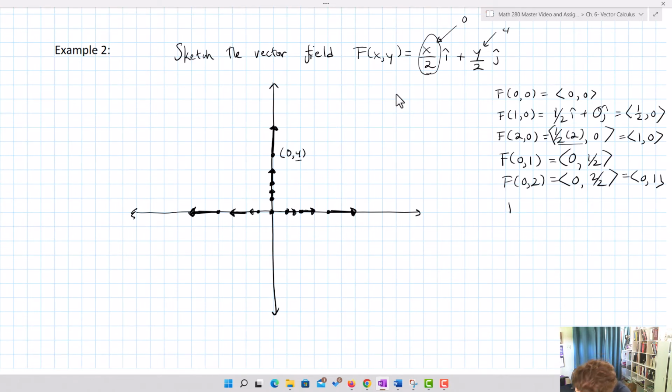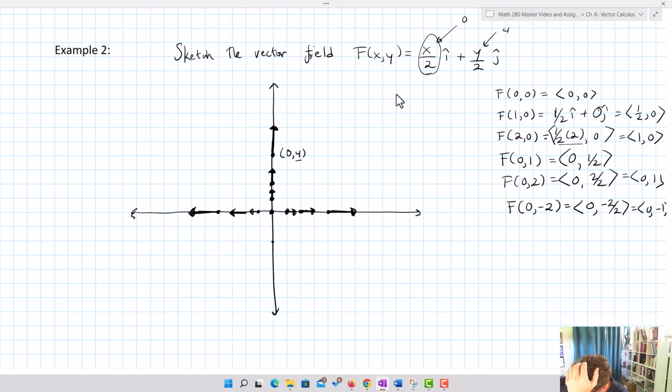Conversely, if I go in the negative direction, just to demonstrate, let's say I take f of 0, negative 2. F of 0, negative 2 is going to equal 0, and this will be negative 2 over 2, so it's going to equal 0, negative 1. That's because y over 2 is going to get bigger in the negative direction.